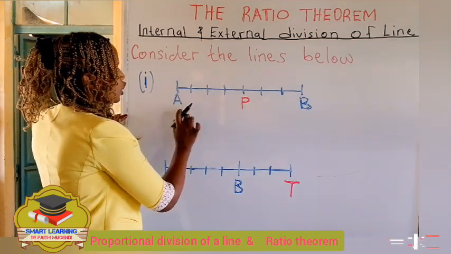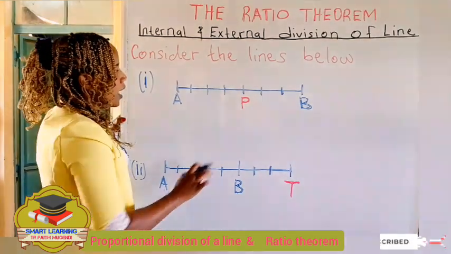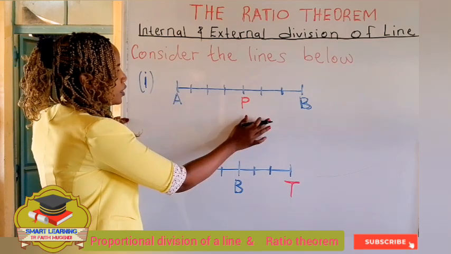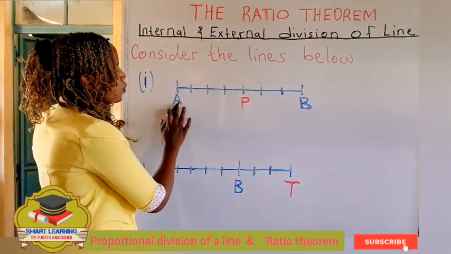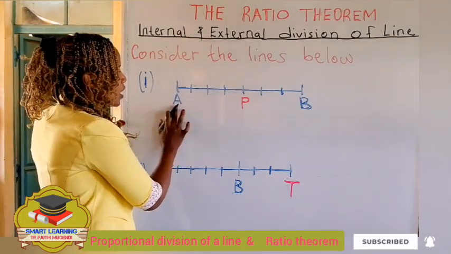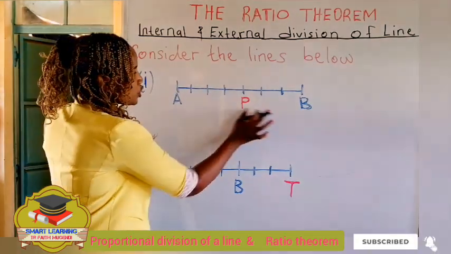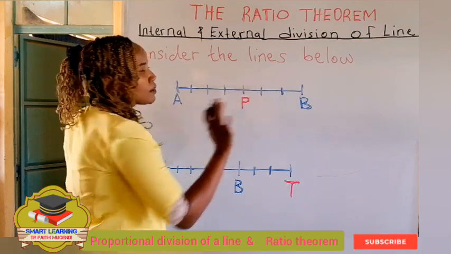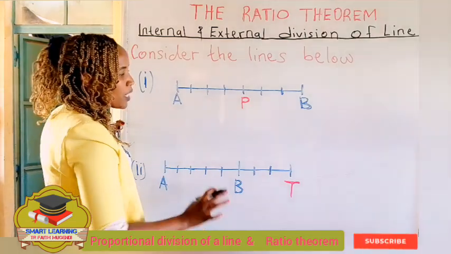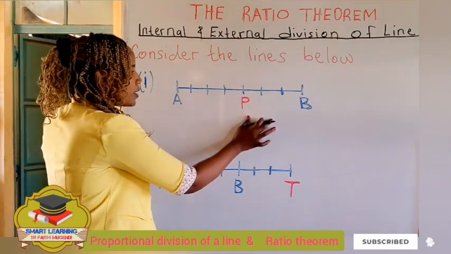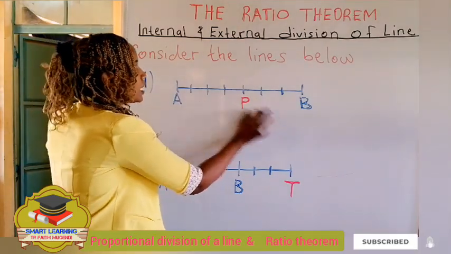When we look at the first case, line AB is divided into 1, 2, 3, 4, 5, 6, 7 equal parts. Considering A to B as the positive direction, it means that from A to P is 1, 2, 3, 4 parts, and from P to B is 1, 2, 3 parts. Because point P is between A and B, it is dividing line AB internally.